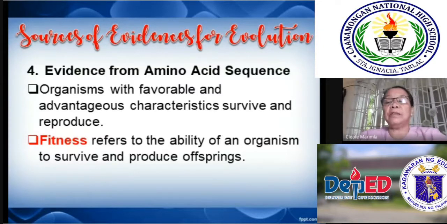On the other hand, some organisms gradually become extinct because they possess characteristics which cannot enable them to cope and adapt to the kind of environment that they have. It is the survival of the fittest.